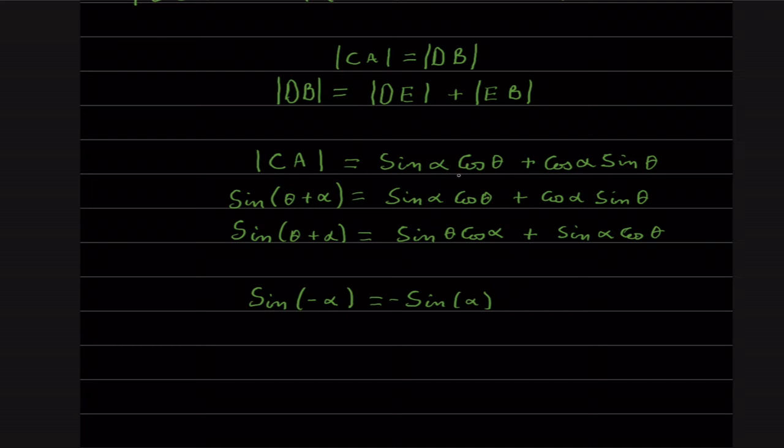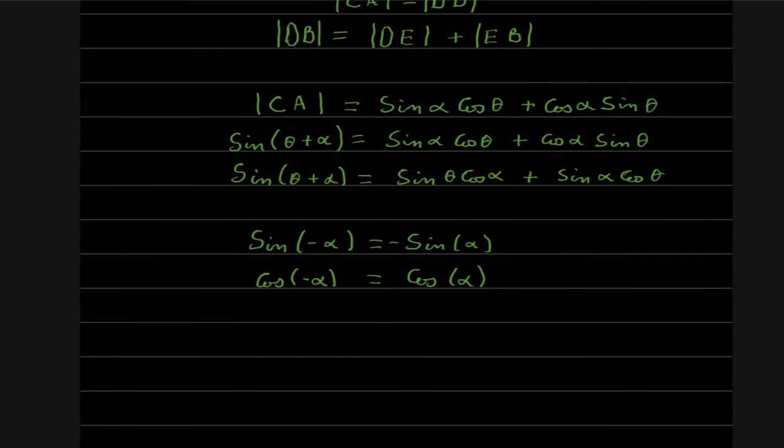So what will happen is this whole term will change into a minus, and when you have cos of negative alpha, cos stays the same. It's not going to change. So cos of alpha is going to be the same thing.